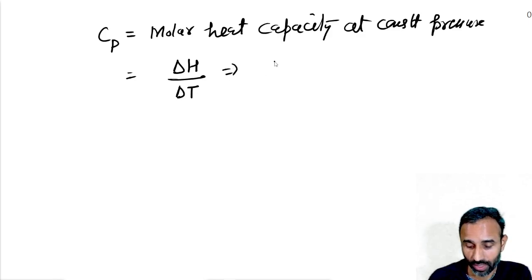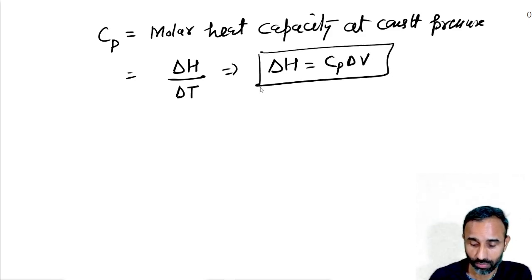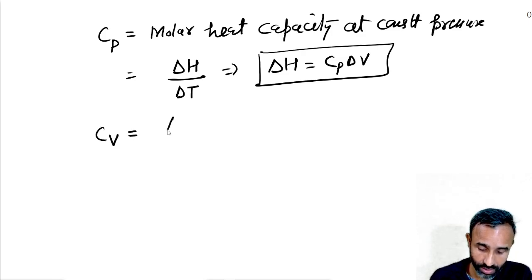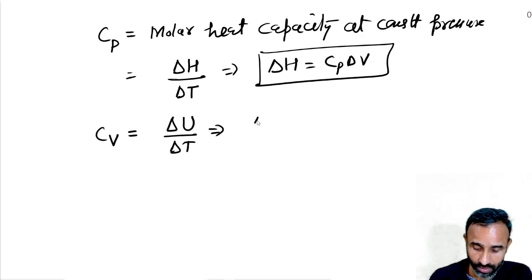That's why we write here delta H by delta T. So delta H equals Cp delta T, and Cv is molar heat capacity at constant volume. For that we use delta U, so delta U equals Cv delta T.